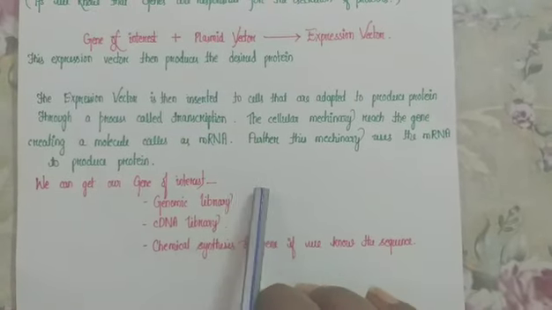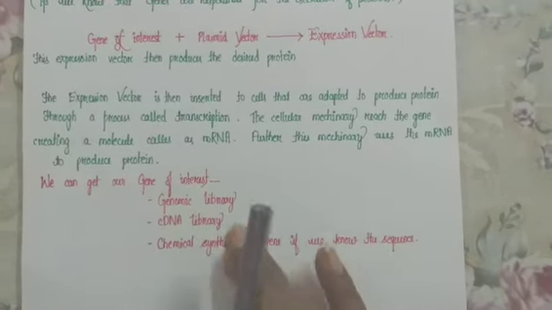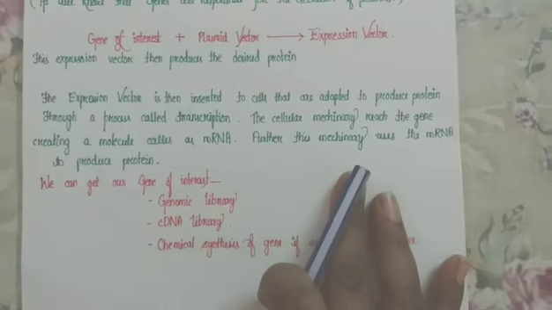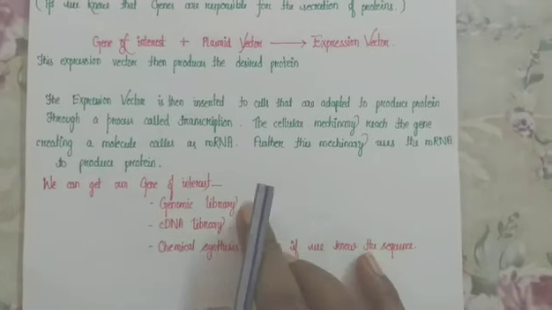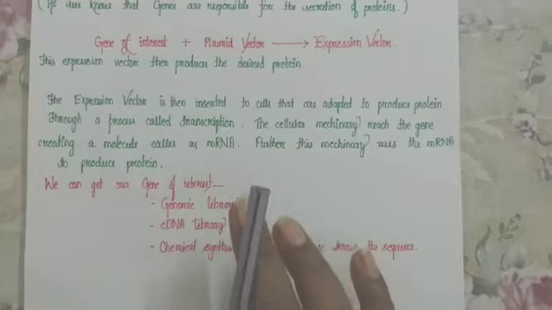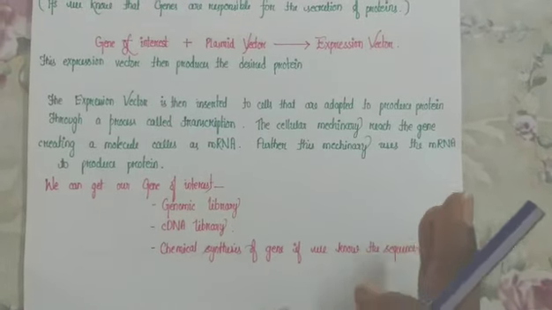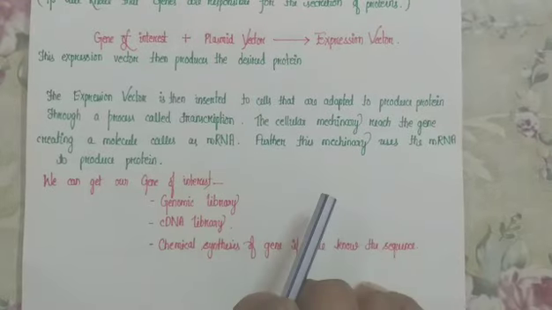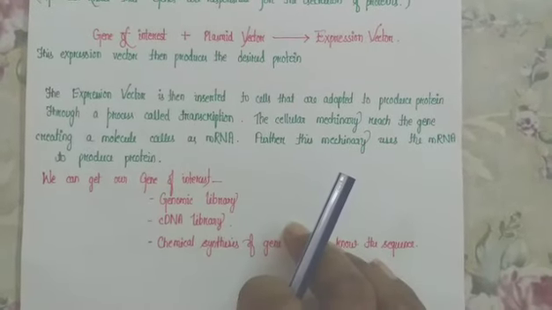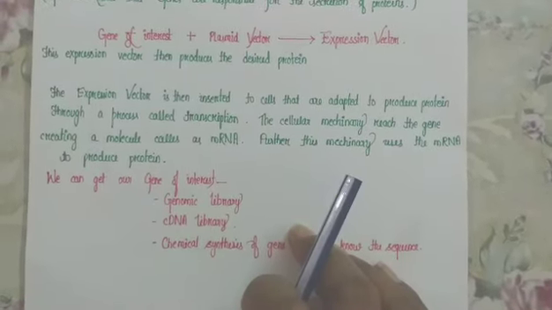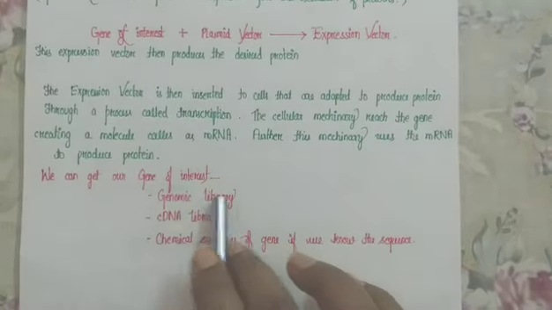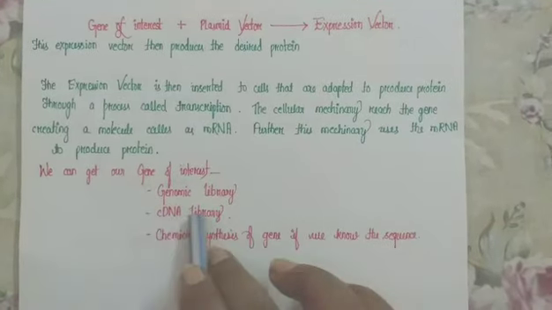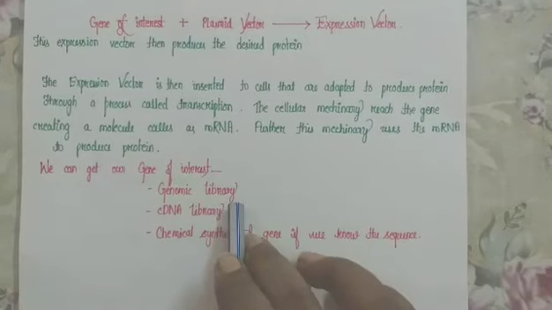So in order to secrete more of that protein, we need to identify the gene which is responsible for the secretion of this protein. After identifying that gene, we would isolate it, which means we would take out that gene. This process is carried out in various ways, like we can get those genes from a genomic library, or we can use the cDNA library.